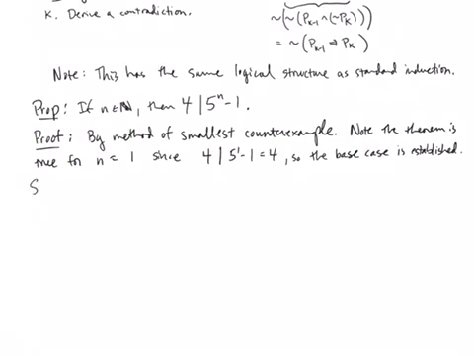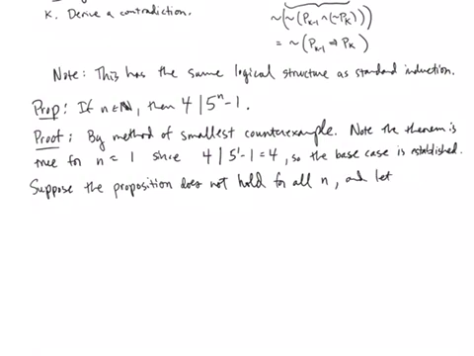Now suppose the proposition does not hold for all n, and let k be the smallest natural number for which this is the case.